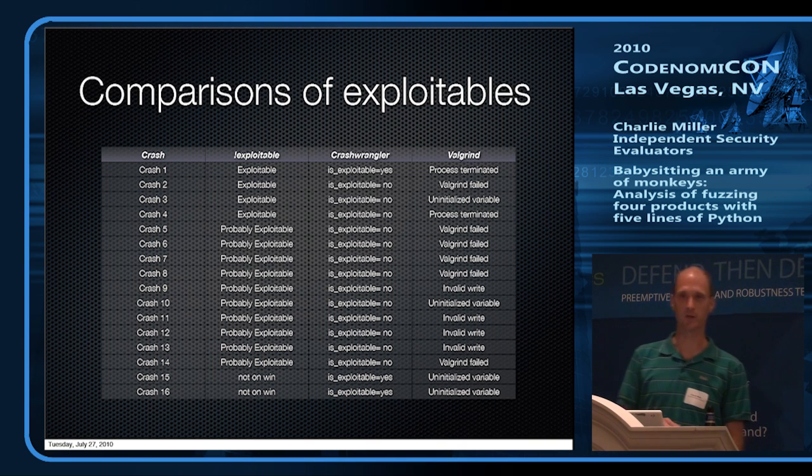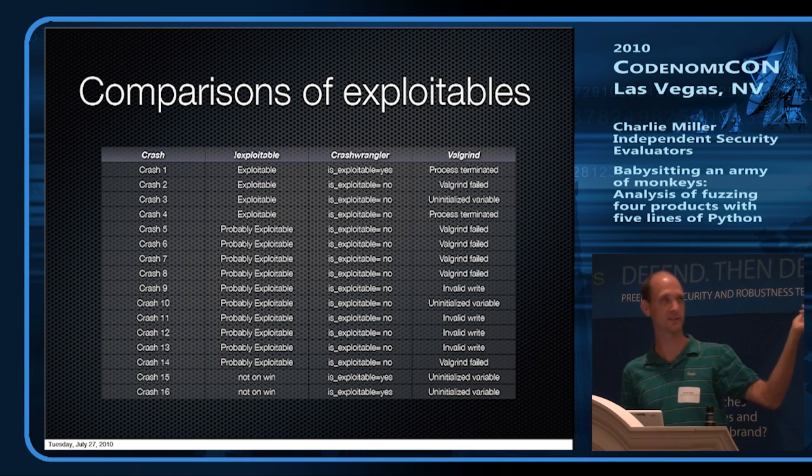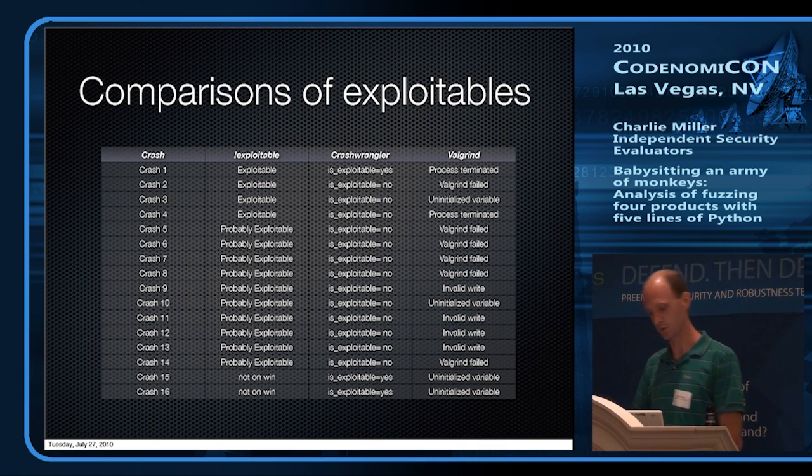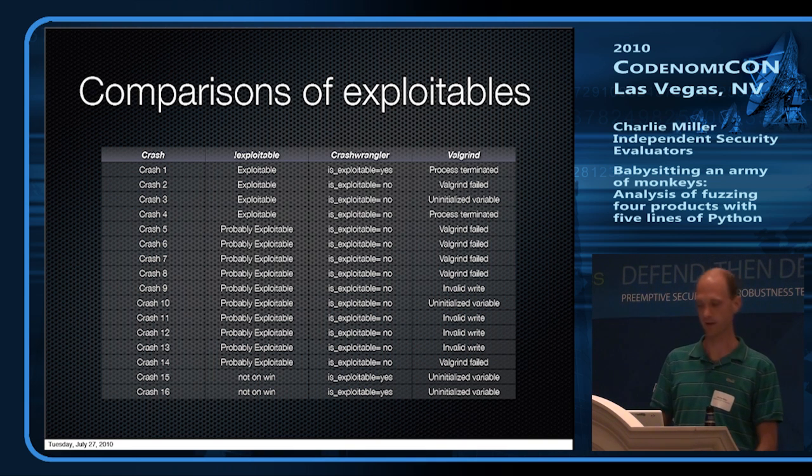Bang Exploitable thought it was exploitable, Crash Wrangler thought it was exploitable, and Valgrind thought it just died. And then there's some that one tool thinks is exploitable, one doesn't. And then there's some that don't even crash on Windows, but Crash Wrangler thinks it's exploitable, and all sorts of other things. So the tools don't agree. And this again is sort of what my talk is about tomorrow. Well, what do you do in this situation?